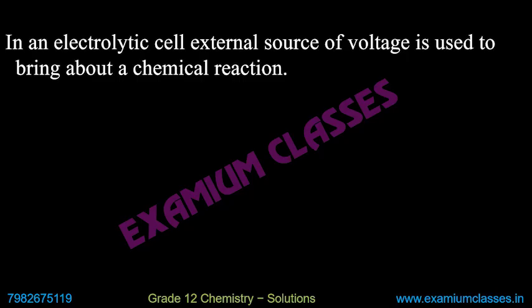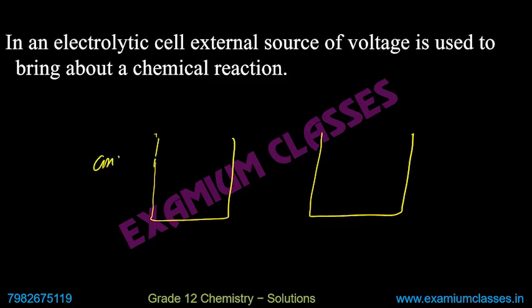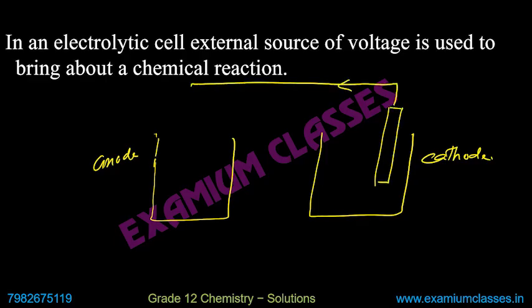So suppose you have a cell, and this is the anode, this is the cathode. Remember always the convention, the right side will always be the cathode, the left side will be the anode. And there is some electricity flowing from cathode to anode, and there is a salt bridge.